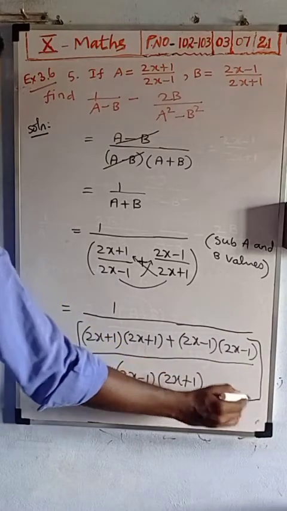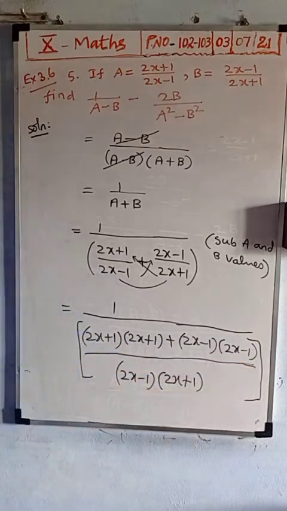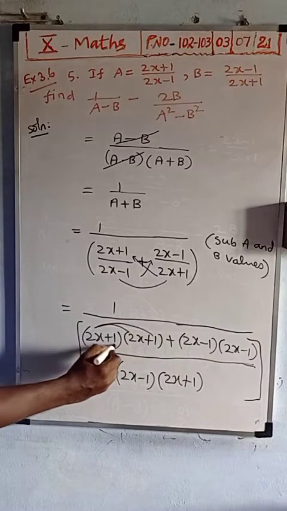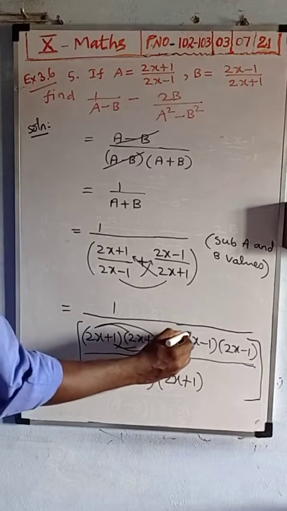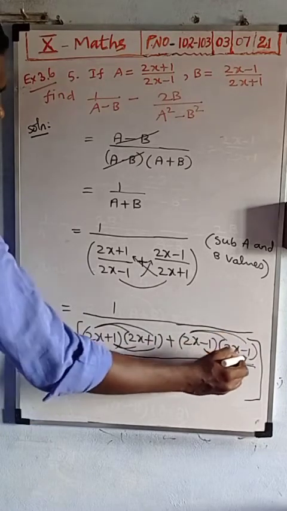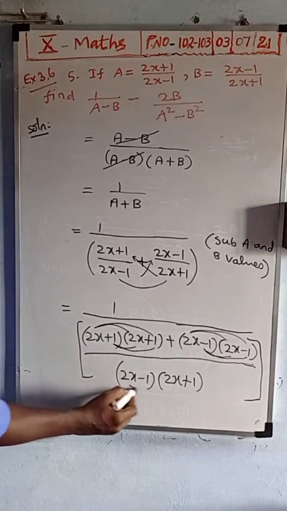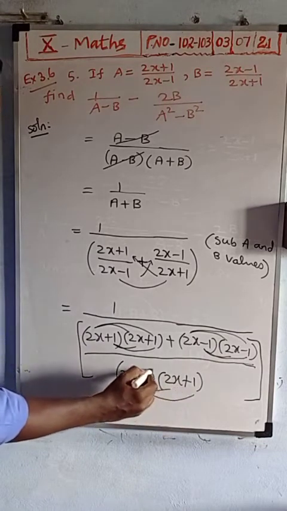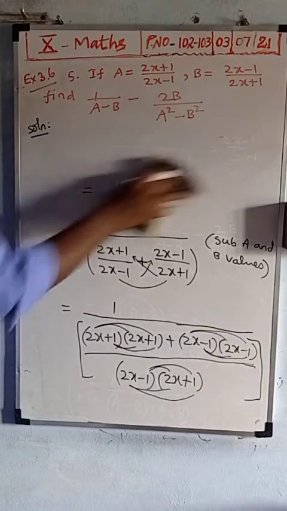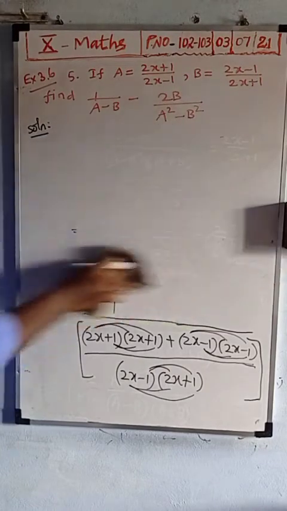Okay, now you should simplify this. Here 2x you take and multiply with these 2 terms, 1 you take and multiply with these 2 terms. Like this, 2x you take and multiply with these 2 terms, minus 1 you take and multiply with these 2 terms. Multiply, we will simplify, we will receive the answer.